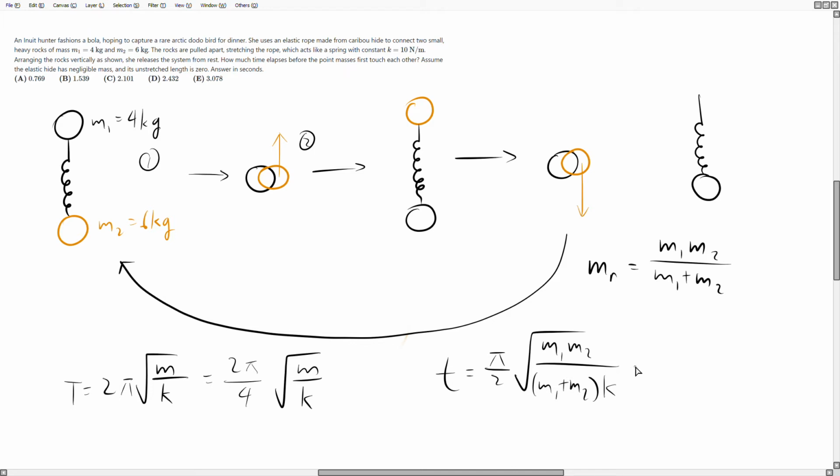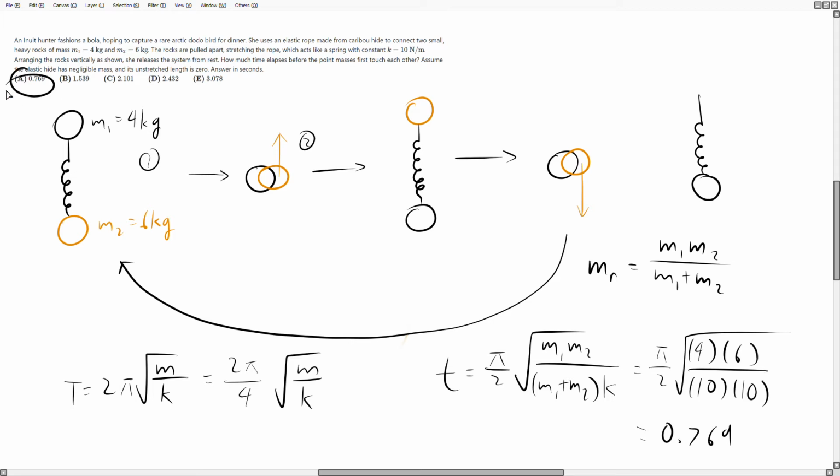We can substitute values in, and we get pi over 2. m1 is 4 kilograms, m2 is 6 kilograms, their combined mass is 10 kilograms, and the spring constant would be 10 as well. So if we do the math and plug into a calculator, we should get something around 0.769, which is the answer here. The answer is A. Yay!